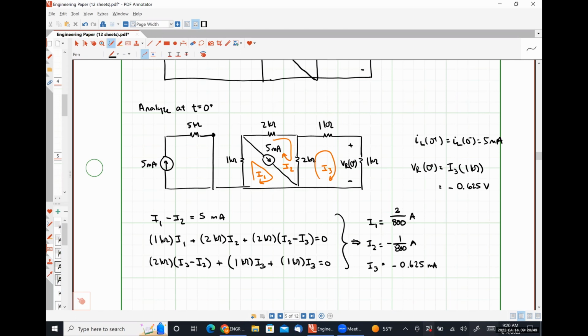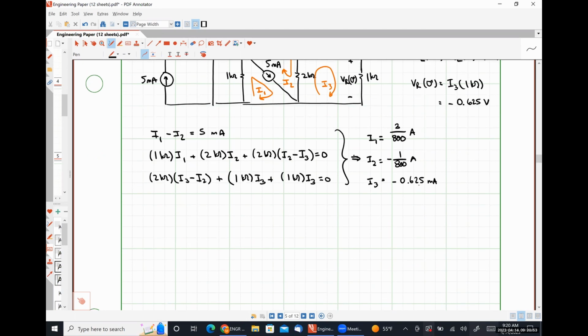Now we need to figure out what our time constant is. Okay, so finding tau, I very strongly believe that LEQ is 1 millihenry because it is literally the only inductor in the circuit. So now let's figure out what REQ is.